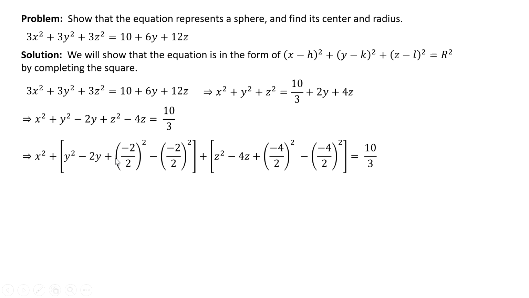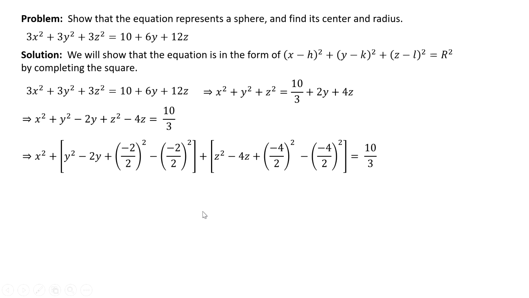That's what you add. Immediately be sure to subtract it to compensate for that addition. Now for completing the square on z square minus 4z, you do precisely the same thing. Coefficient of z is negative 4. So add negative 4 over 2, the quantity square, and subtract that.